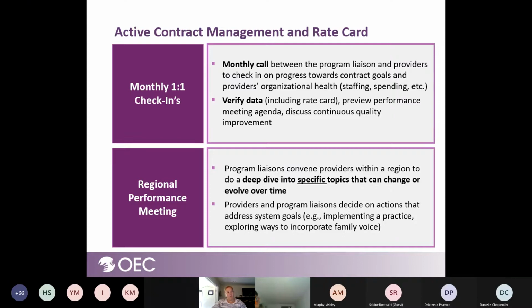During the bi-monthly regional performance meetings, program liaisons will convene providers within a region to do a deep dive into specific topics of interest, one of which could include discussed provider rate card data and performance. All of this is to say that rate card is one piece of the overall suite of activities to be included in ACM, and only one way in which performance will be assessed.